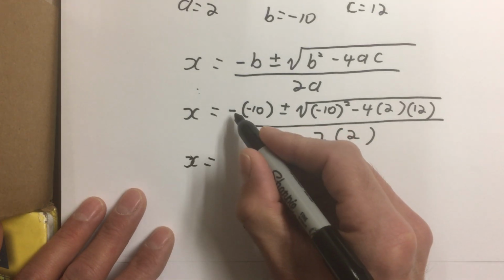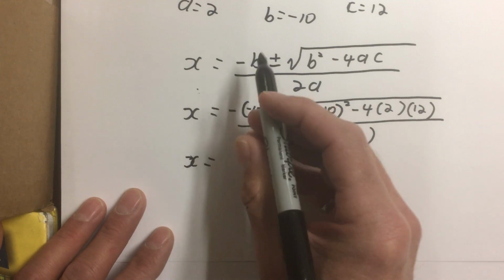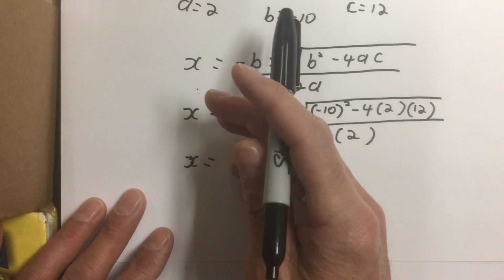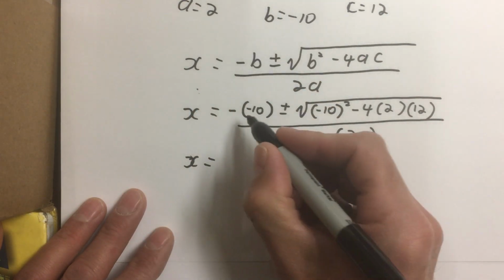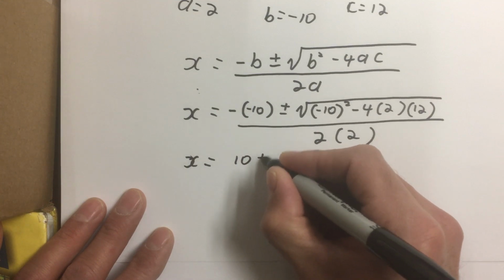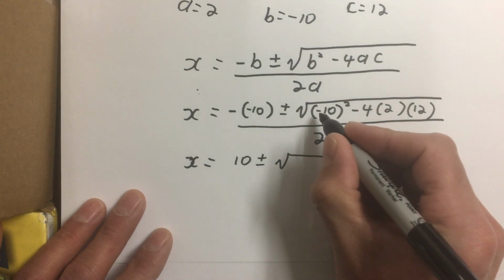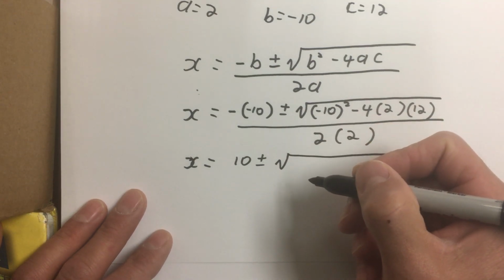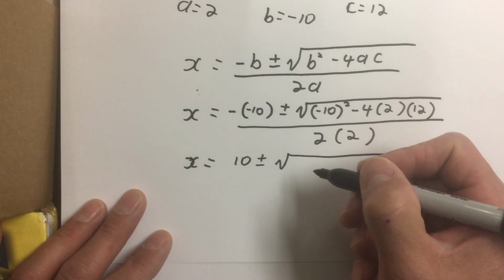If there's a negative here, we'll deal with it first. We have a negative 10. So negative turns you backwards, and another negative turns you forwards again. So negative 10 is 10. We have 10 plus or minus the square root of negative 10 squared. Negative 10 times negative 10 is positive 100.